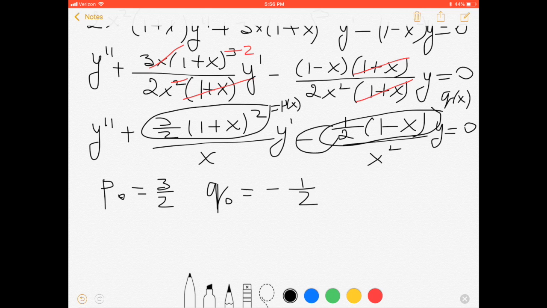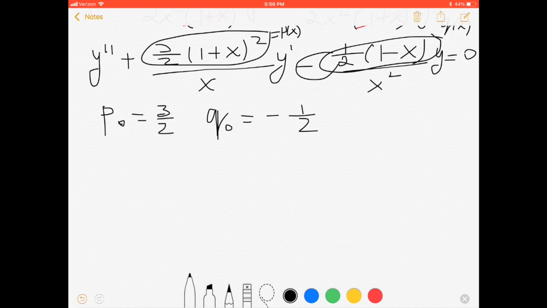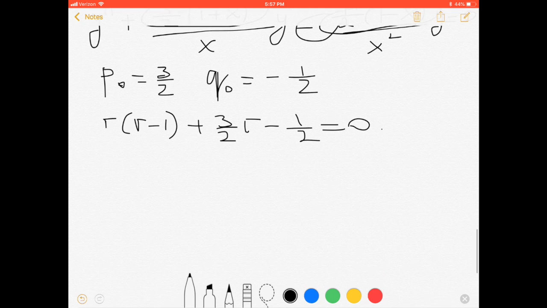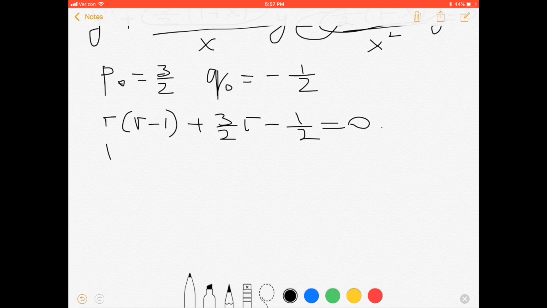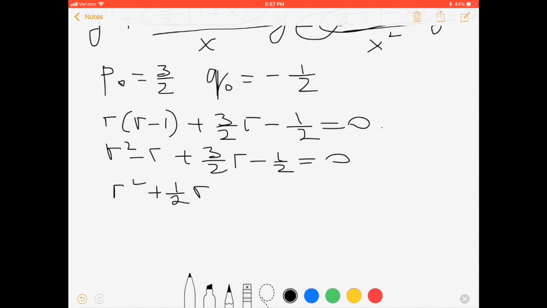Okay, and now we have this quadratic equation: r times (r minus 1) plus 3/2 r minus 1/2 equals 0. R squared minus r plus 3/2 r minus 1/2 equals 0. R squared plus 1/2 r minus 1/2 equals 0.